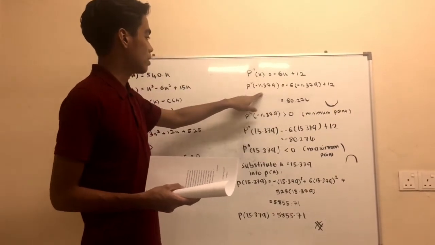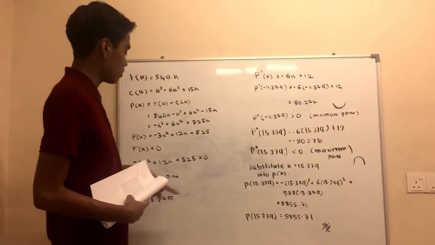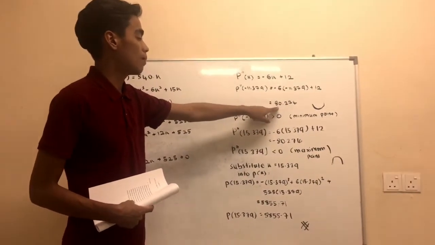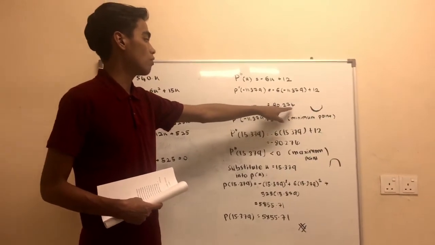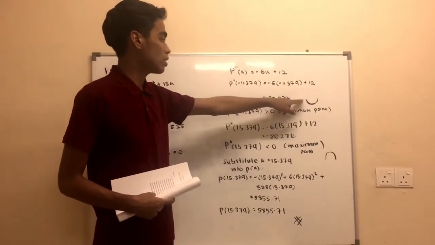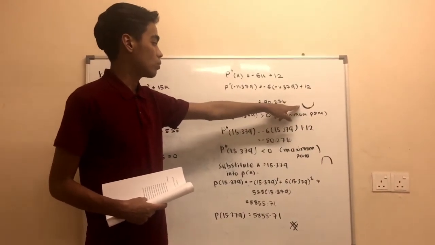So I plug in the first critical point, which is negative 11.379. The value will be positive 80.274, so it means it is the minimum point. As you can see, the graph will be like this if we plot it.